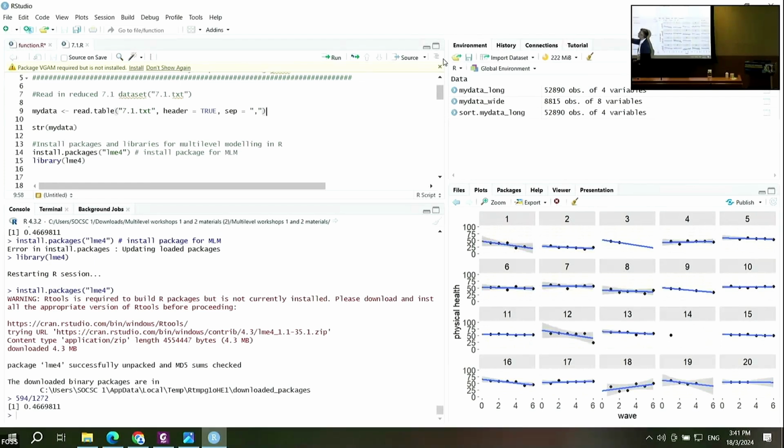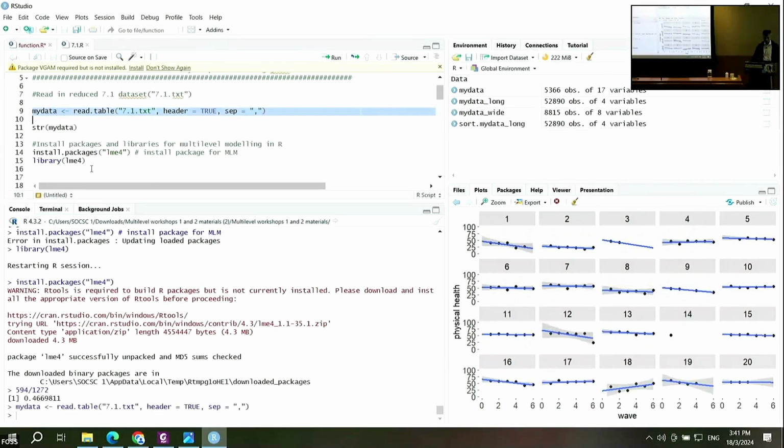The important thing is to install the package lme4. lme4 is the package for doing multi-level models. And so we use the library. You can read in the data, and I already installed the packages.